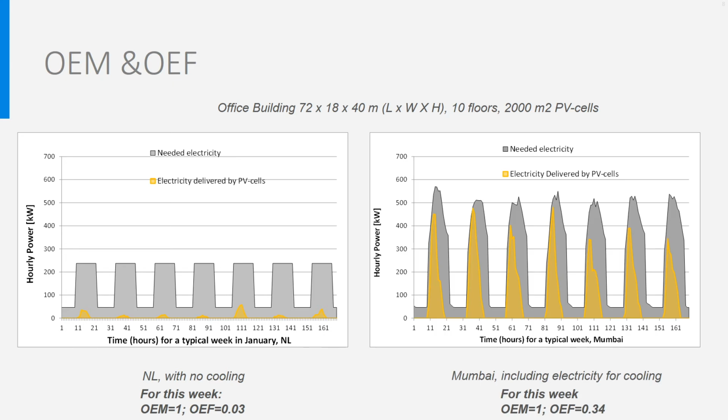We still have 2,000 square meters of PV cells, but the irradiation in Mumbai is much higher than in the Netherlands, so much more electricity is produced. In this case, we see that the OEM is 1 again, meaning that all electricity produced by the PV cells is used in the building, but this time 34% of the electricity needed is covered by the PV cells.